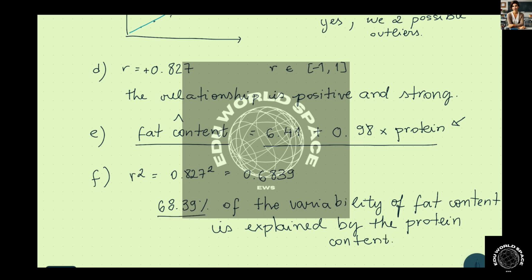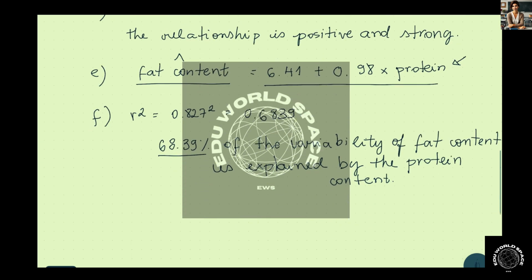It gives us the percentage of the variability of our response variable that is being explained by the explanatory variable. In item G, we should give an interpretation about the slope if the slope is significant.